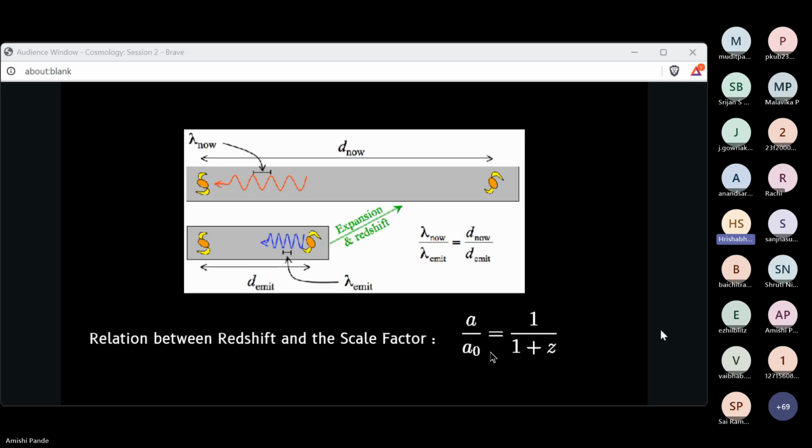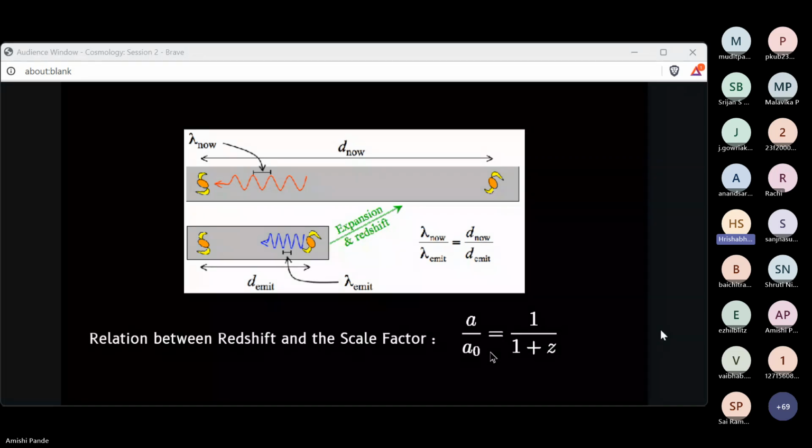So time is no longer personal, stuff that we saw yesterday. So if I say that an object is at a distance of, let's say, 5 billion light years, I can also say it in terms of time: the light takes this much time to reach us from that object, or 5 billion years.